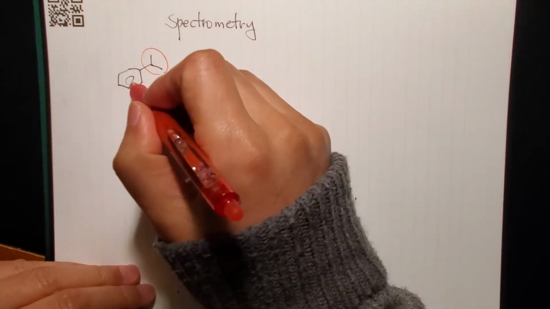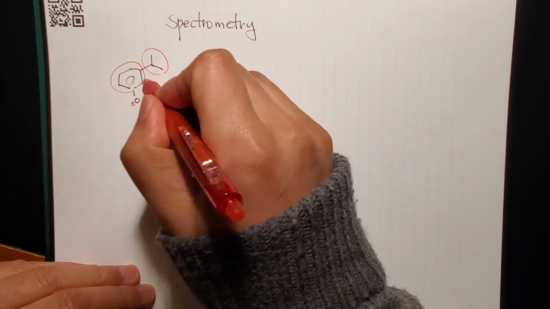We can also see the measurement of this ring alone, in addition to the molecular weight of the whole molecule. So basically we are measuring the weight of the whole or the fragmentation.